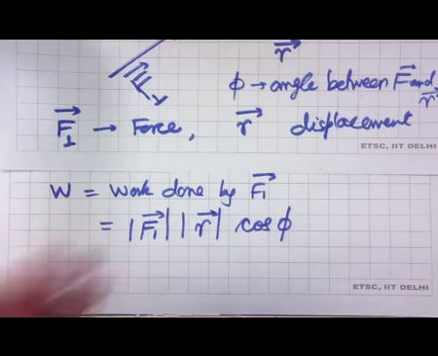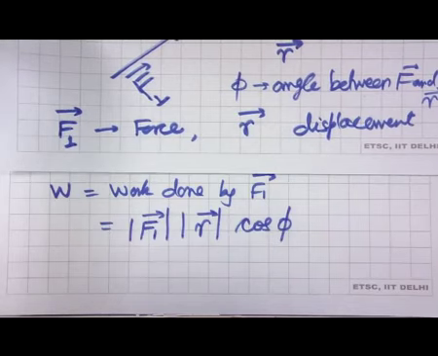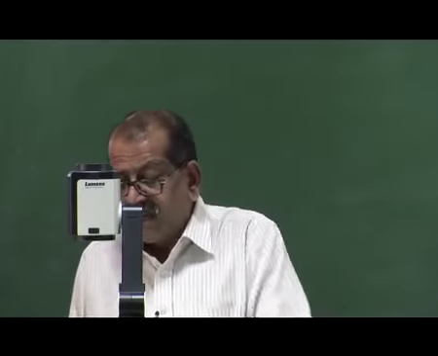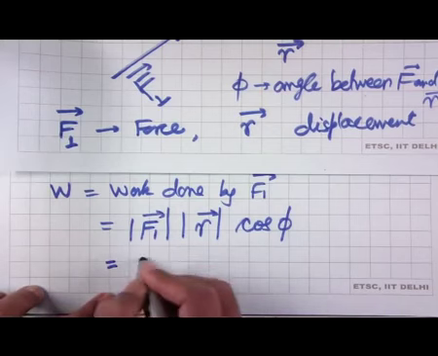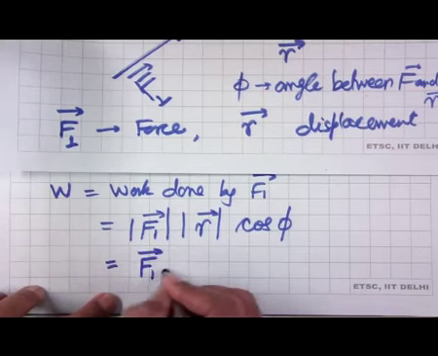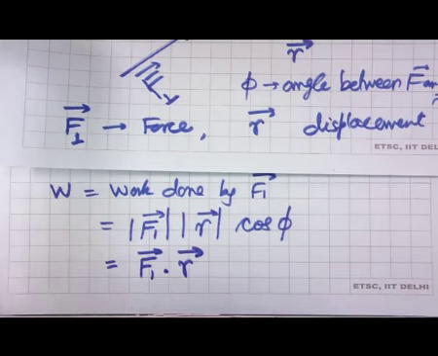So, this is how we define work done in a general case when force and displacement can be along different directions. And if we realize, this is nothing but the dot product of force and the displacement vectors.